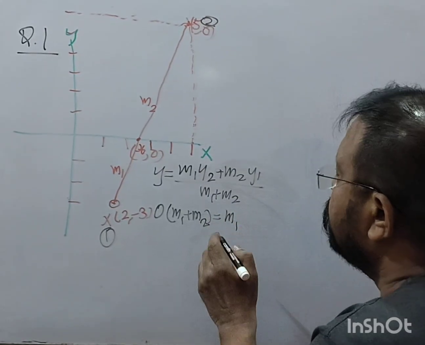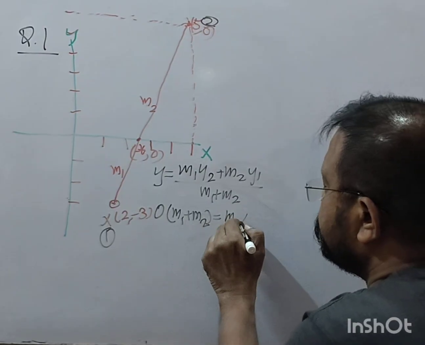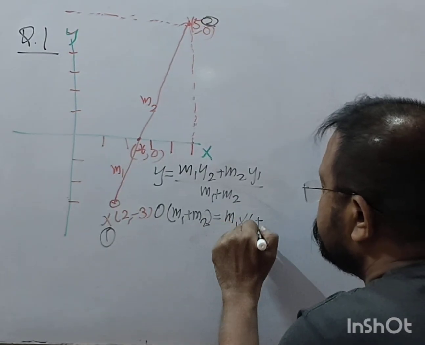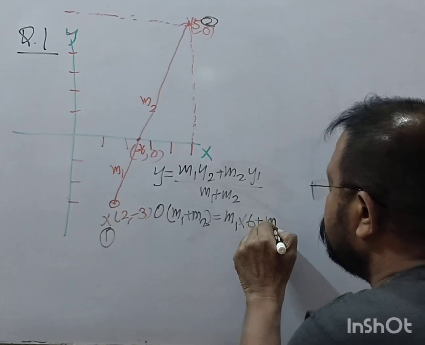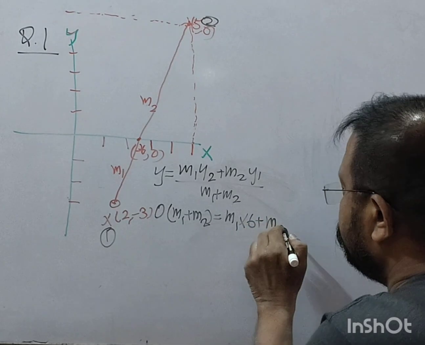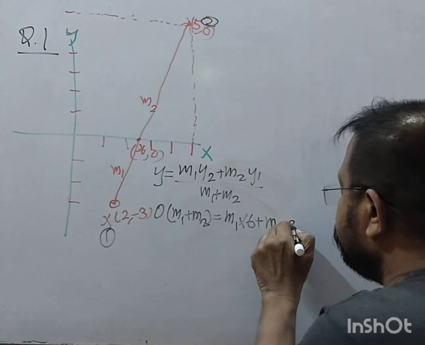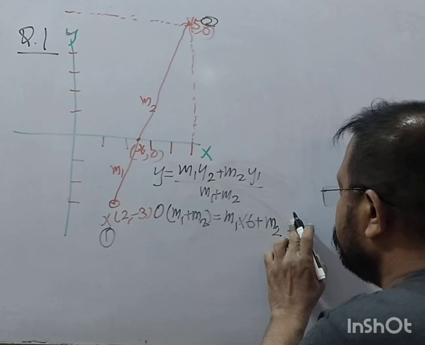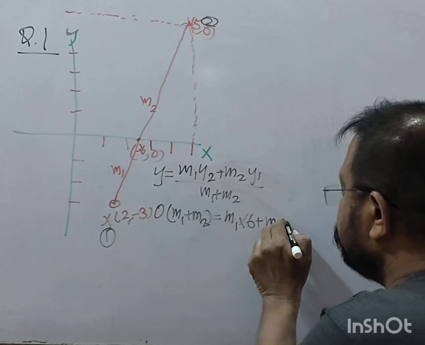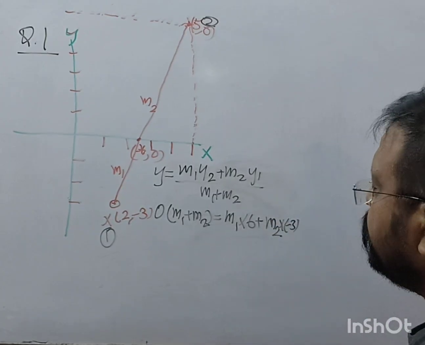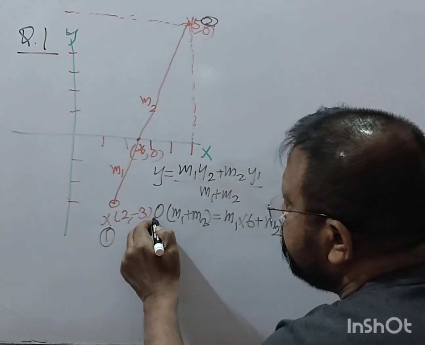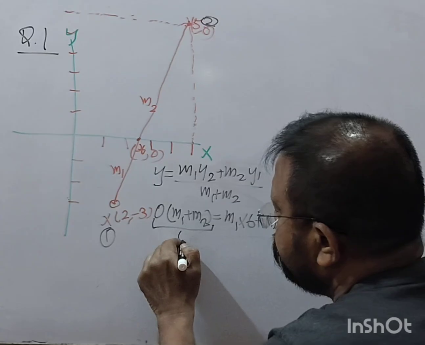y2 is 6 plus m2 y1, minus 3, into minus 3, right? So this 0 becomes 0.